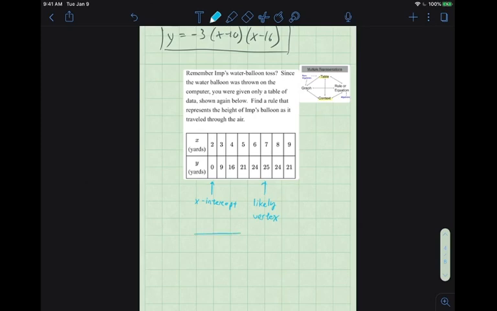So from here, it's increasing, and then after this point, it's decreasing. Plus and then minus. That's how you can tell where the x-intercept and vertex is from the table.